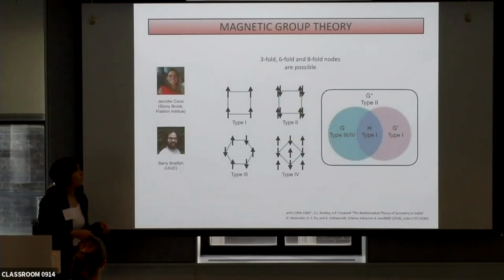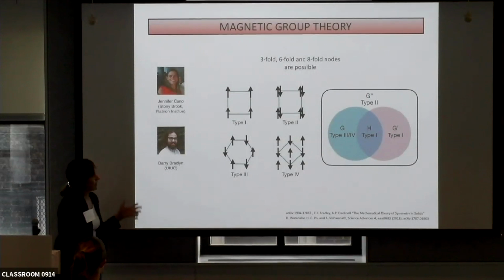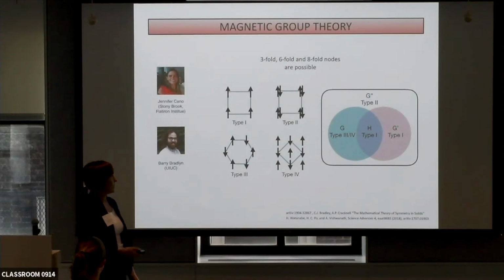So to look for the dimension of co-representations in magnetic groups, we are going to use the classification that has already been done for magnetic groups, which is divided into type 1, type 2, type 3, and type 4, depending on how we combine the time reversal symmetry with other symmetry operations.